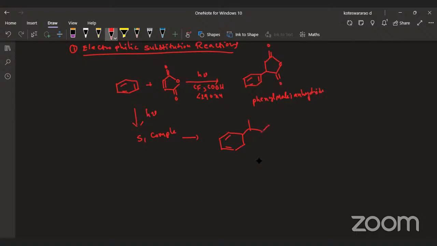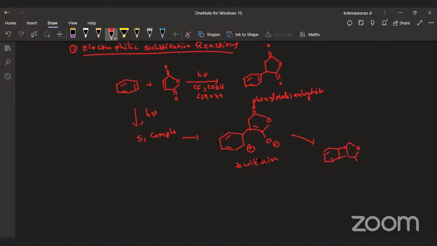Those are called zwitterions. Generally, the zwitterion aligns when both the charges are adjacent to each other. The negative charge is here, the positive charge is here. This is called a simple zwitterion. This zwitterion may undergo the addition reaction that leads to the formation of a simple adduct.